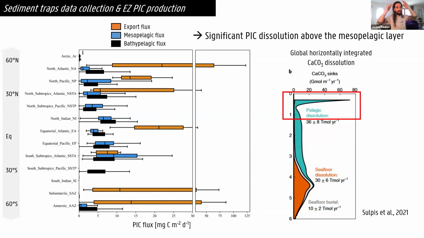The lysocline is the depth where you are chemically supposed to start dissolving aragonite and calcite, which are calcium carbonate. So this massive dissolution is caused by biological activity such as grazing and microbial activity.